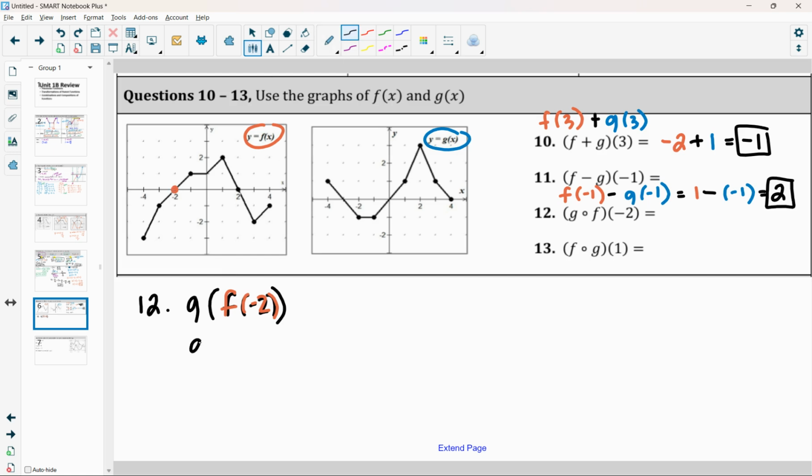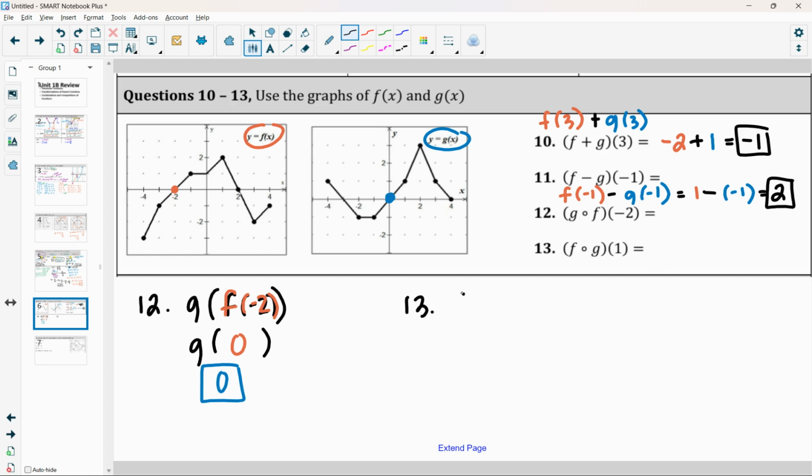So f of negative 2 is 0. So this whole thing right here was 0. Now we'll plug 0 into the g function, so we'll do g of 0. At x equals 0, the function is 0. So our final answer for number 12 is 0.